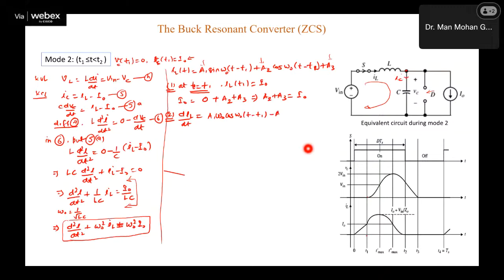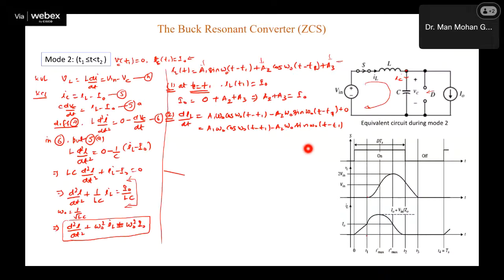So it gives me minus A2 omega naught sine omega naught (t minus t1), and A3 differentiation is 0. So we can write it by simplifying A1 omega naught cos omega naught (t minus t1) minus A2 omega naught sine omega naught (t minus t1). So this is based upon the solution, right? This equation, main equation. Now, where do we have di upon dt?